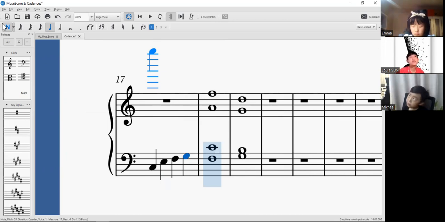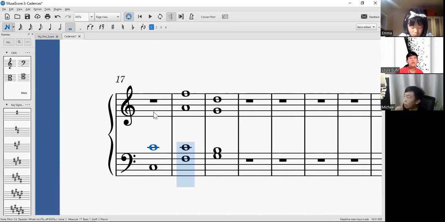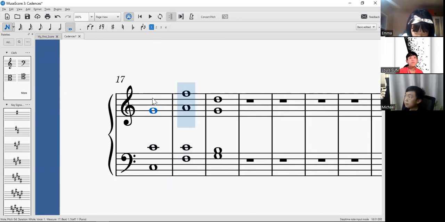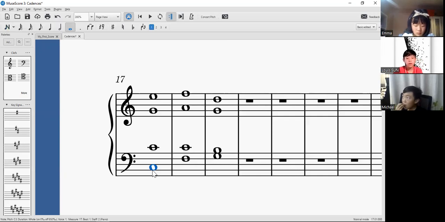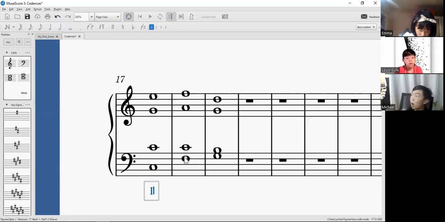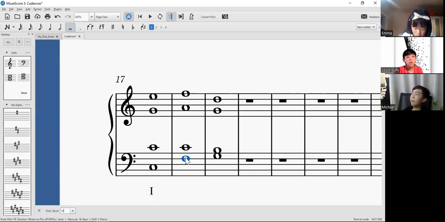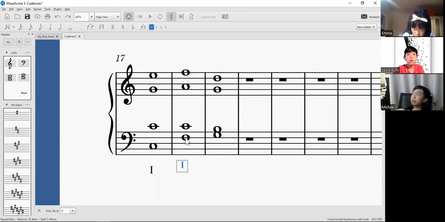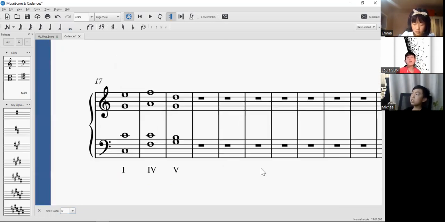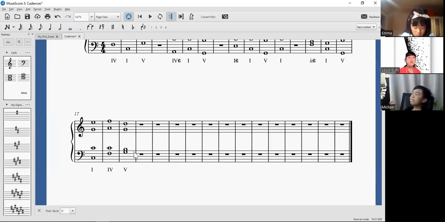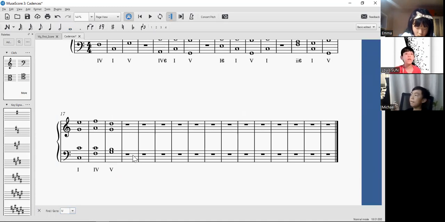Let's take a look at how this sounds. First how this looks. Let's listen to this. I'm going to put the chord indication notes in. This is 1, 4, 5.